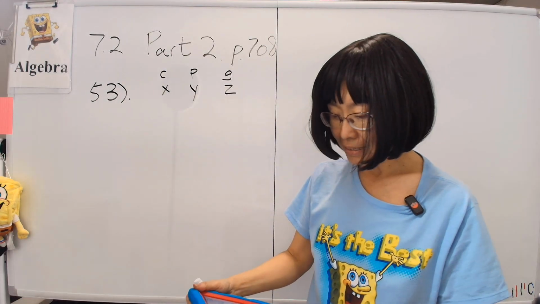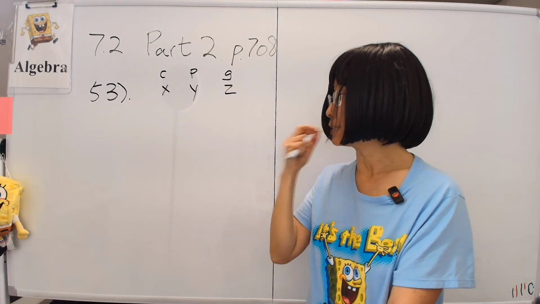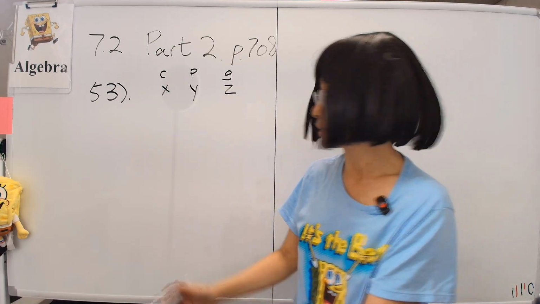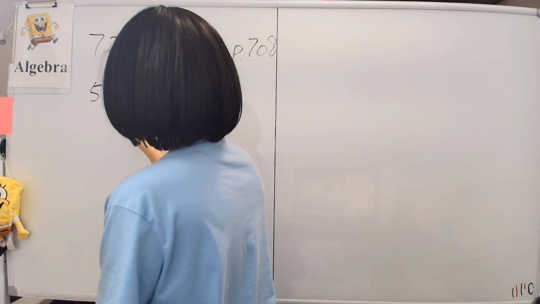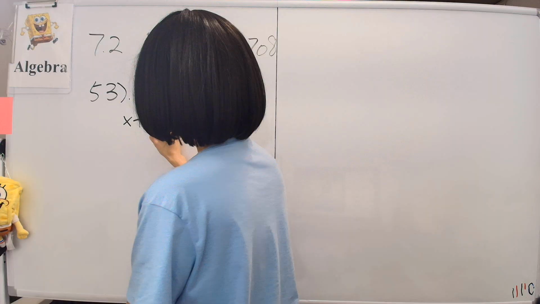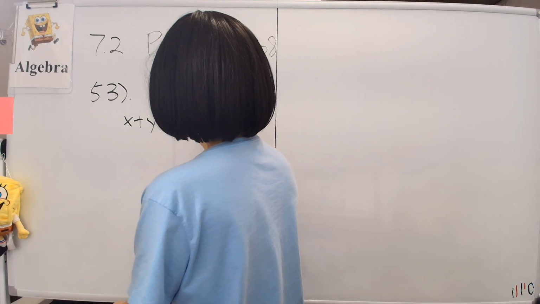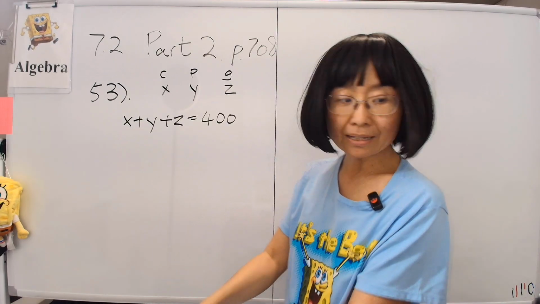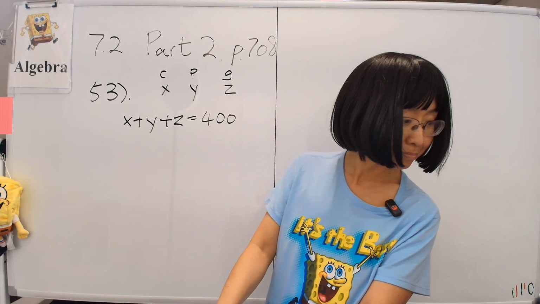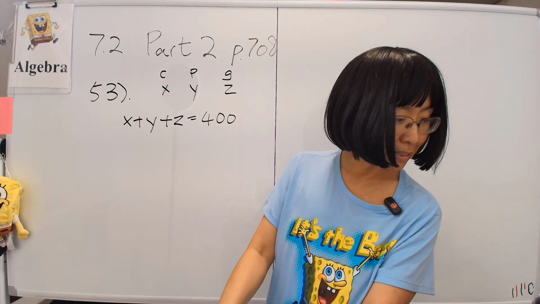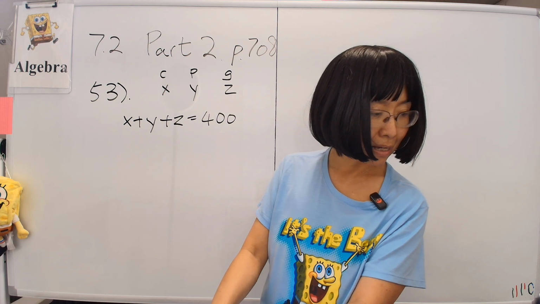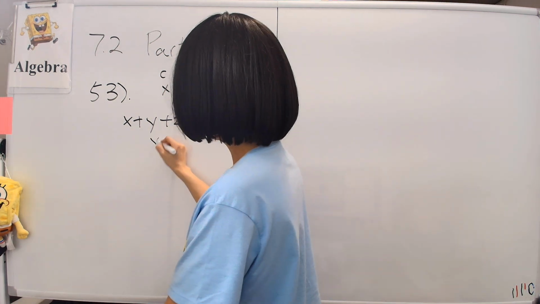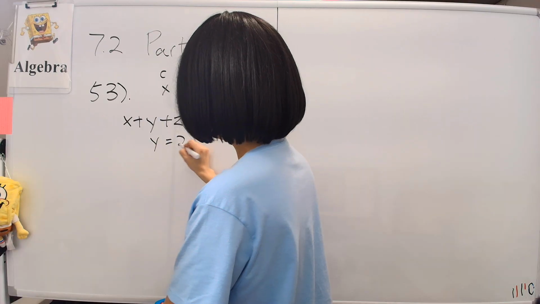Okay, so knowing that, the first situation is that they total 400, big family. So we have x plus y plus z equals 400, first relationship. Secondly, it says there were twice as many parents as grandparents, so y equals 2z.